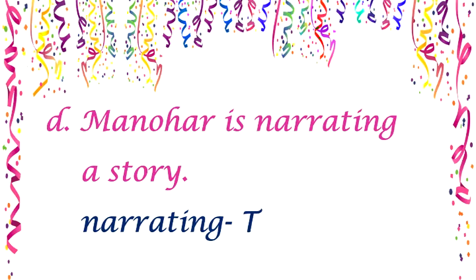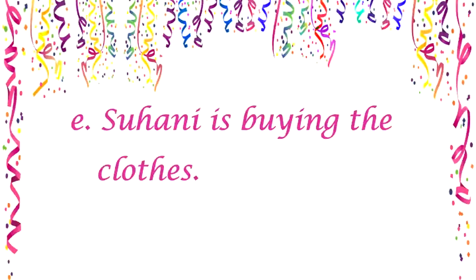Alright. Next, Suhani is buying the clothes. Now just ask, Suhani is buying what? Yes. The answer is transitive verb. Buying is transitive because we have the object clothes. Okay.